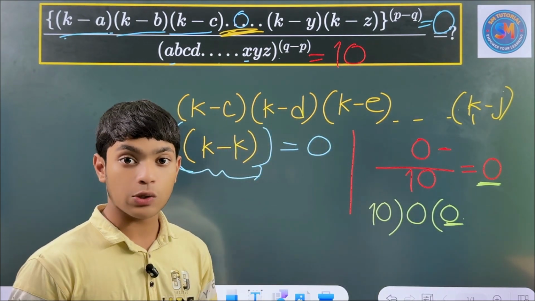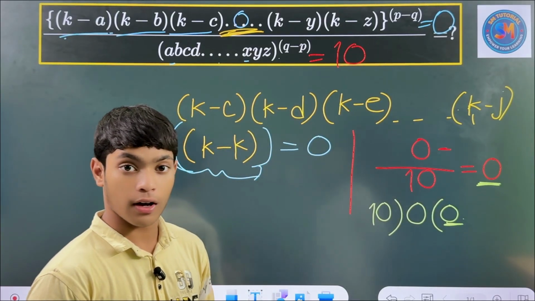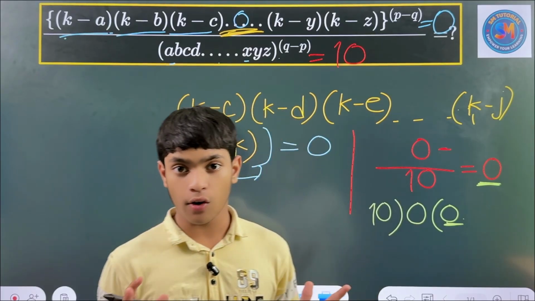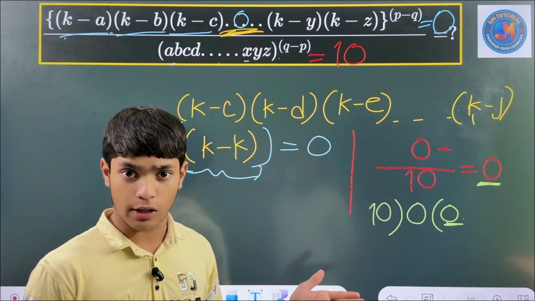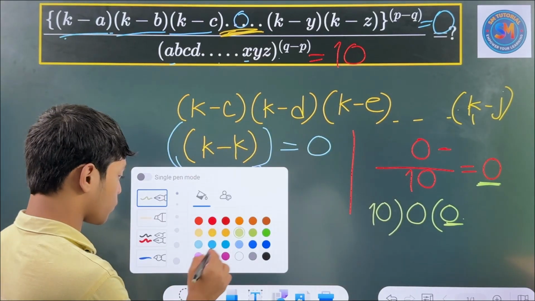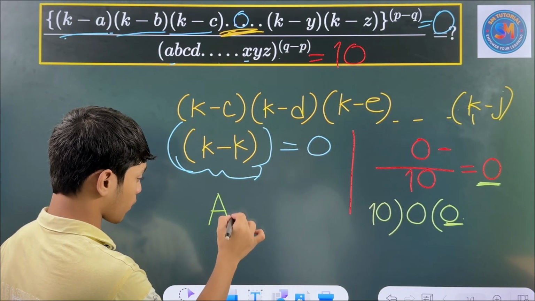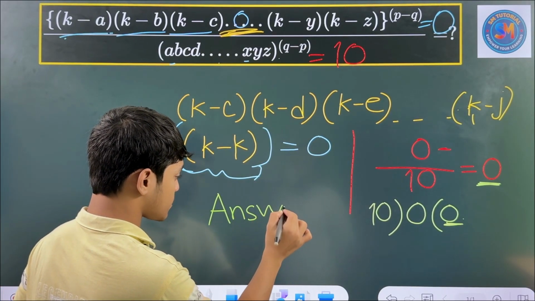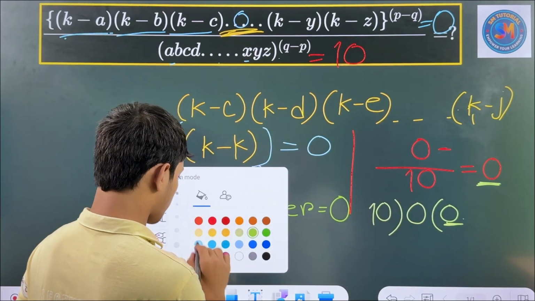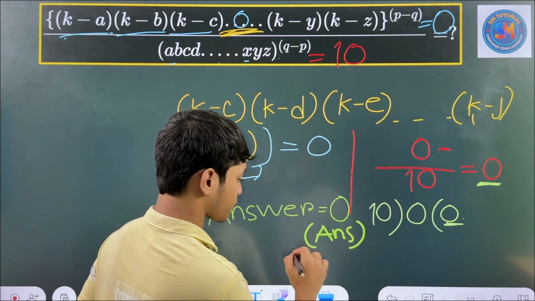So in any type of fraction, if the numerator is 0, whatever the denominator is, the whole result is 0. So you can say our answer is 0.